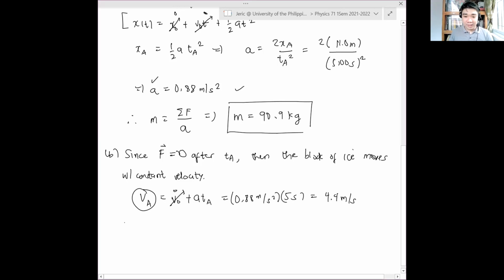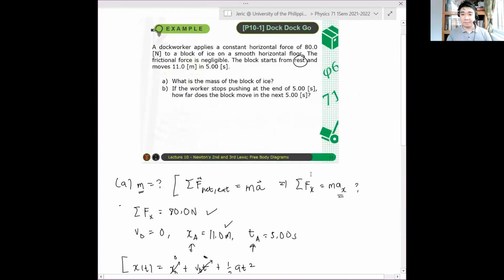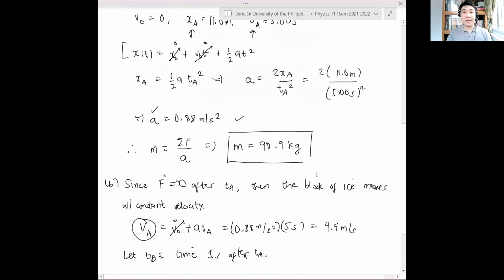So let TB be the time 5 seconds after TA. And thus, what is the final distance traveled by the block of ice for the next 5 seconds?